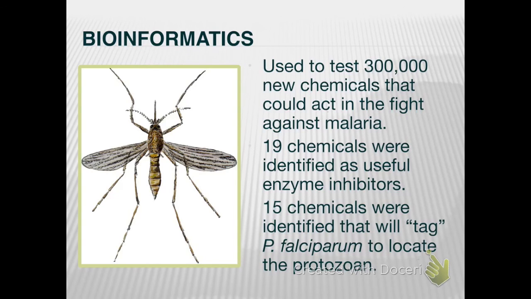Because of this research, 19 new chemicals have been identified to inhibit enzymes that normally an anti-malarial drug would inhibit. In addition, 15 chemicals were identified that will bind to proteins to help scientists or medical professionals locate the plasmodium.